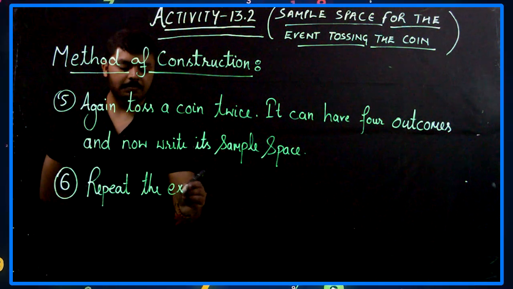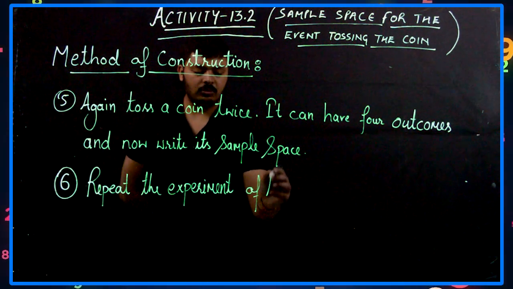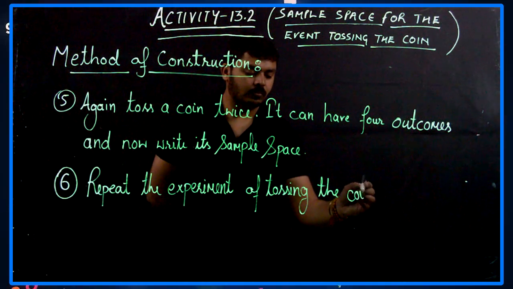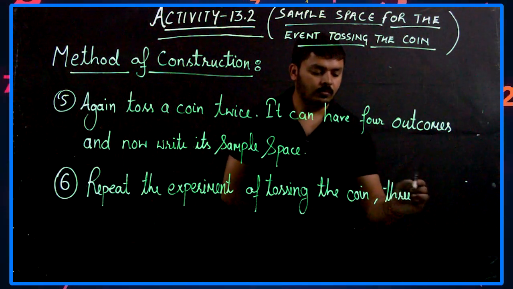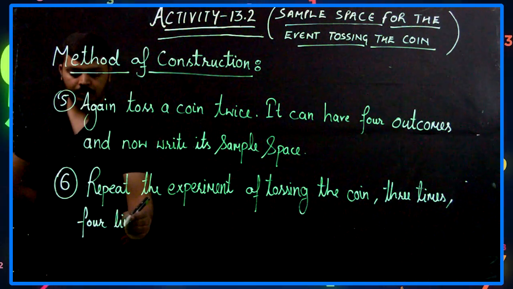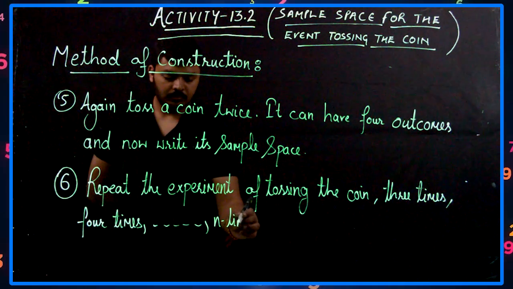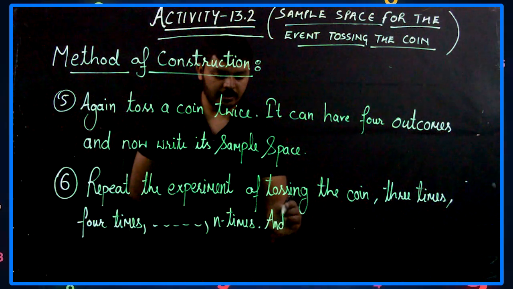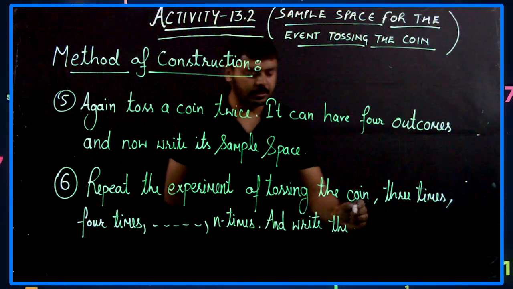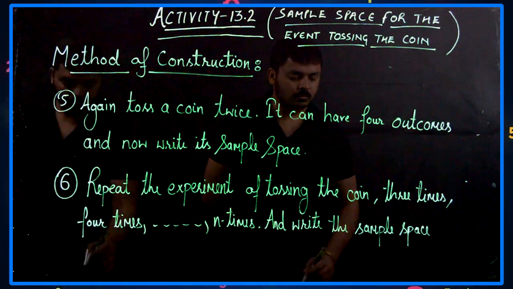Repeat the experiment of tossing the coin three times, 4 times, and so on up to n times, and write the sample space possible.